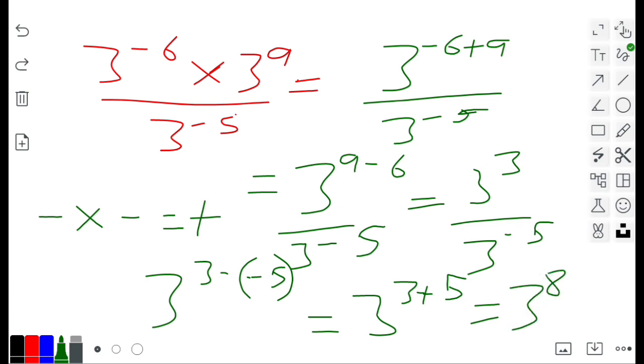Of 8. And 3 raised to the power of 8 is going to give us 6,561. 6,561 is 3 raised to the power of 8.